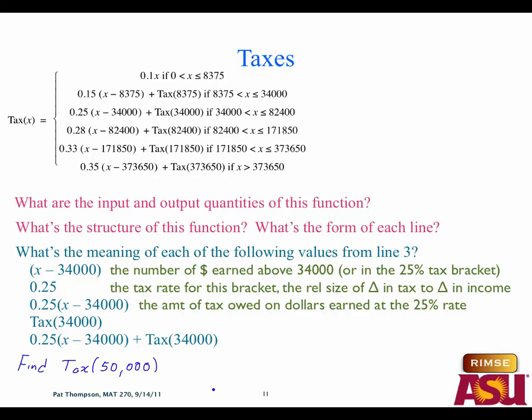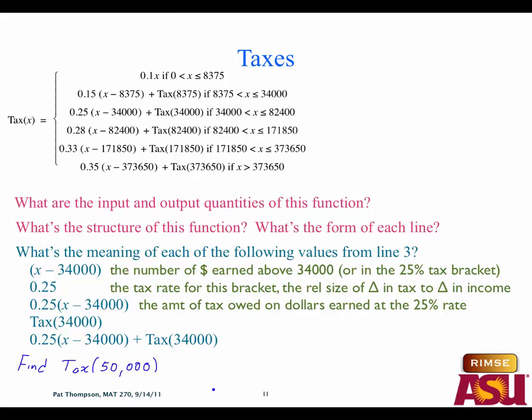Okay. What is tax of 34,000? Yeah, keep going, Tori. It's the total amount you'll be paying in taxes at 34,000. Well, yeah, the previous bracket, the 0.15 tax bracket.